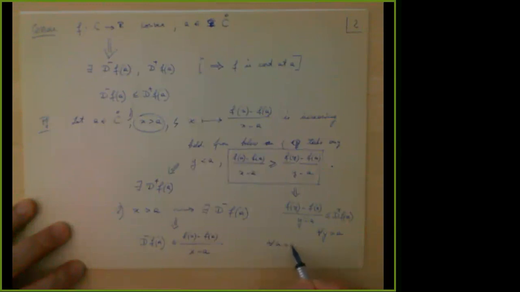You get that d minus f(A) is less or equal than (f(x) minus f(A)) over (x minus A), and this is true for all x larger than A. And now you see immediately how the proof goes, because then you take the supremum on both sides for x larger than A, and this produces just the derivative from the right. So by taking the supremum or the limit of x from above, you get that d minus f(A) is less or equal than d plus f(A).